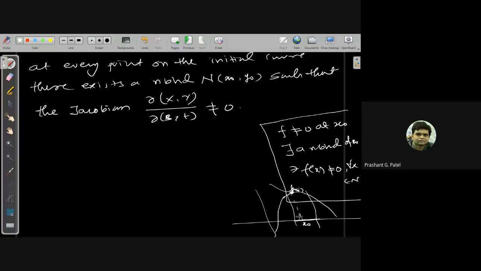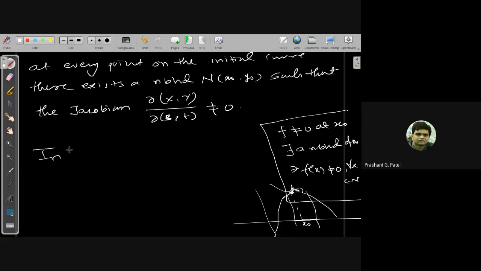So exactly the same result is used here. If some function is non-zero at some particular point, then you can find a neighborhood of that point in which this Jacobian is non-zero.